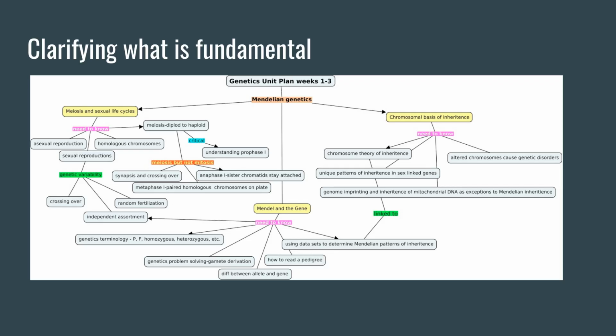So the first thing is it allows you to clarify what is fundamental about that unit. So I showed this concept map.